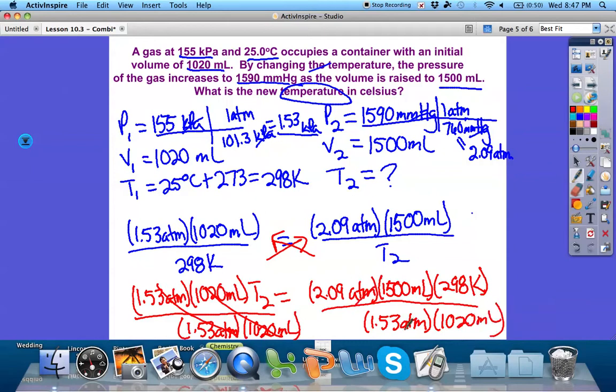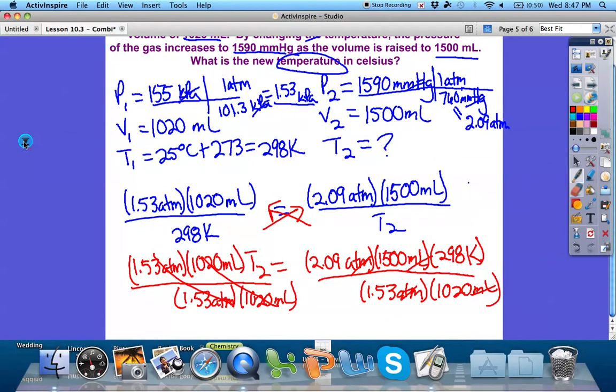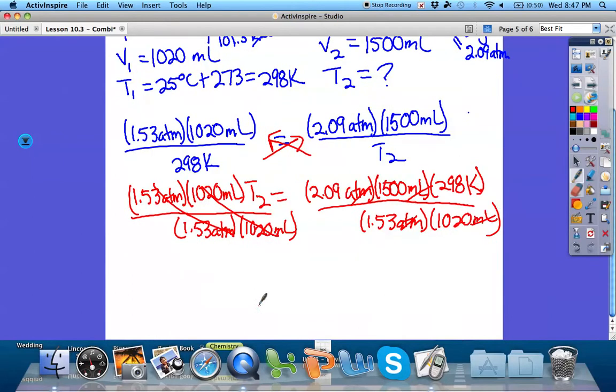So atm and milliliters cancel. So T2 equals 2.09 times 1,500 times 298 divided by, in parentheses, 1.53 times 1020.